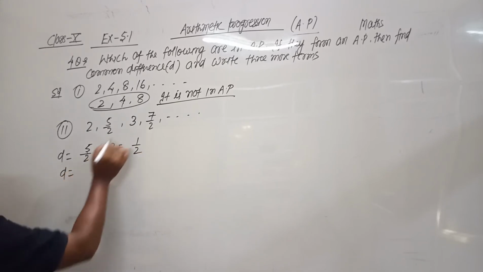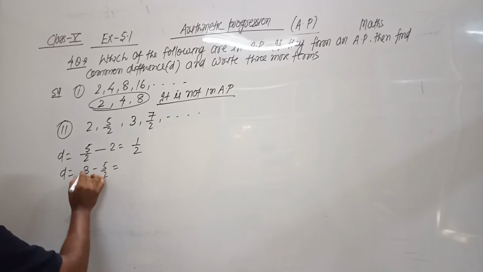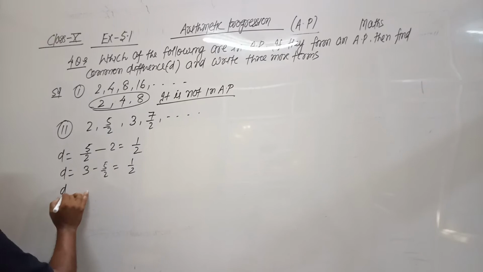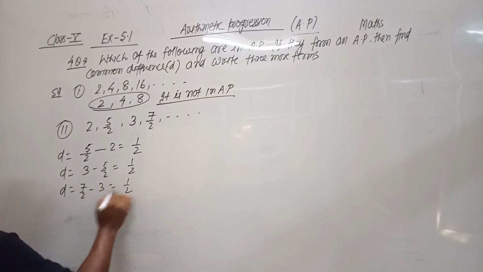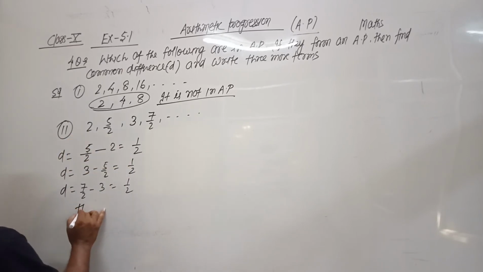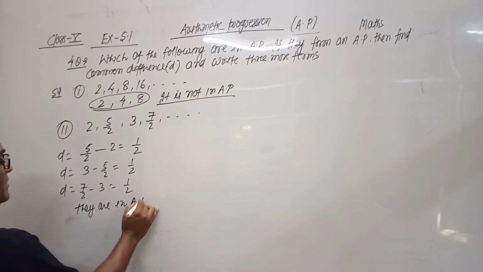Then 3 minus 5 by 2: 3 into 2 is 6, minus 5, 1 by 2. Then 7 by 2 minus 3, also we get 1 by 2. So the common difference is the same. Therefore, they are in AP.